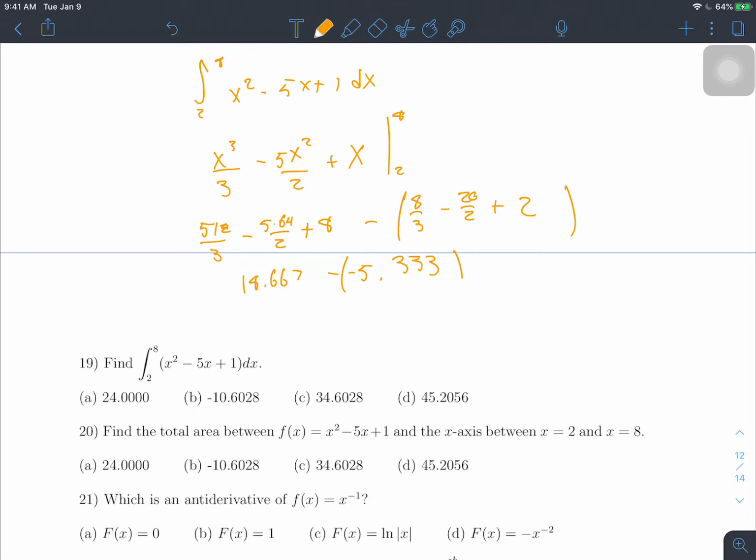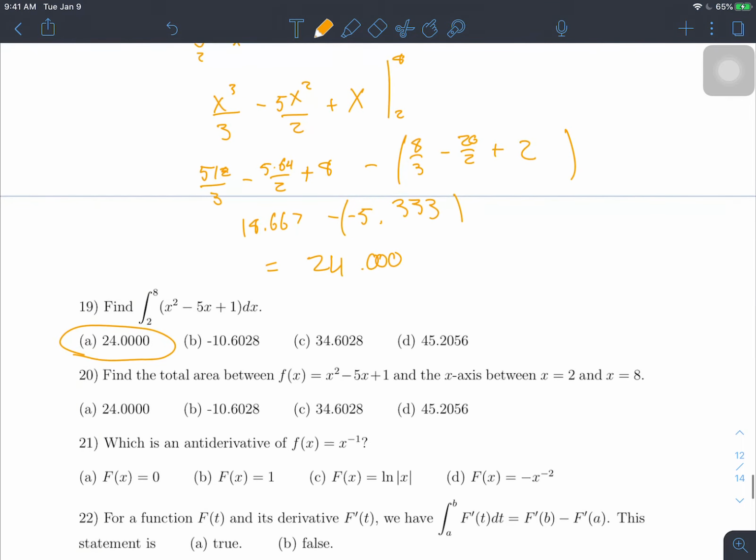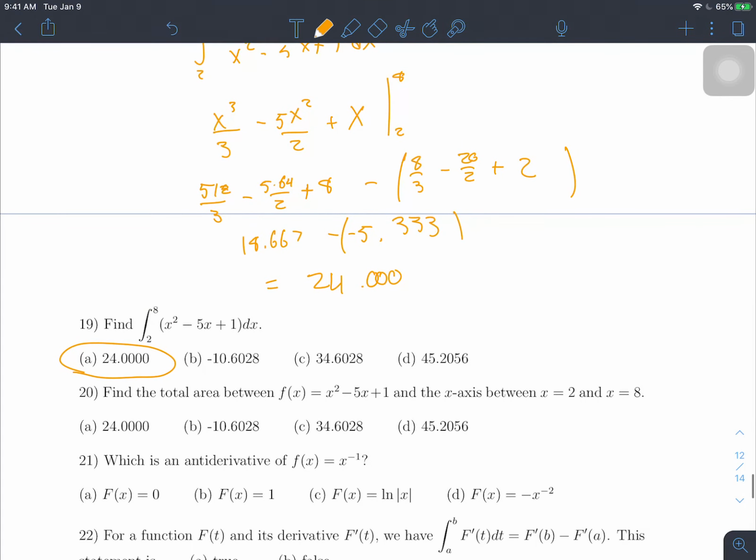So we will negate that and add it to 18.667. And we're going to get 24.000. Wonderful. So we got A. So that's how we do that problem. We just use the fundamental theorem of calculus.